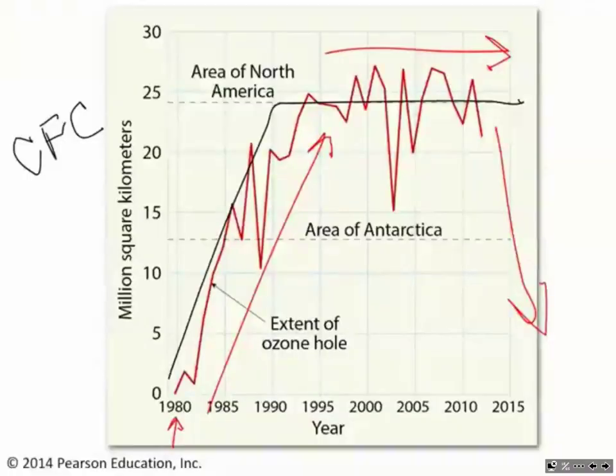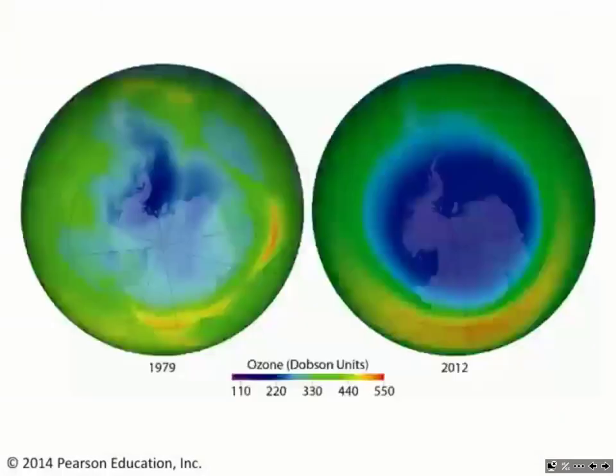These were used as propellants in spray cans, and they were used as refrigerants. Basically, when these things were released into the atmosphere, they did two things. One is that they had a reaction with the ozone molecules where they basically ripped them apart. But also these CFCs were really, really stable, so they stuck around in the atmosphere for a very long time. So each CFC molecule could rip apart many, many, many ozone molecules.